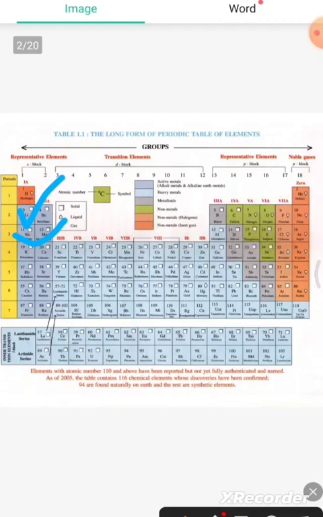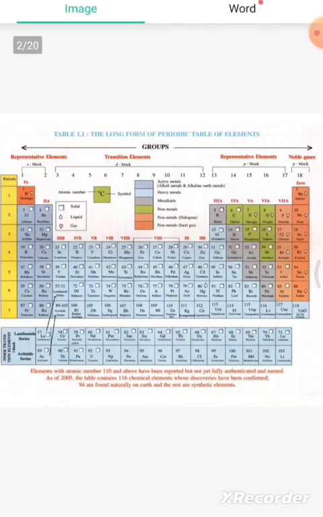That's why, as it is coming after a certain gap, it is called period, and combining this is called the periodic table. I hope you understood why we should use the term periodic table.